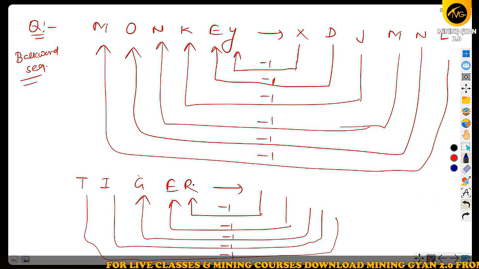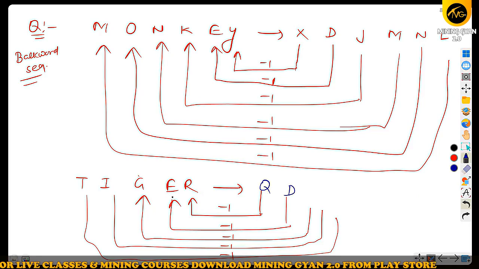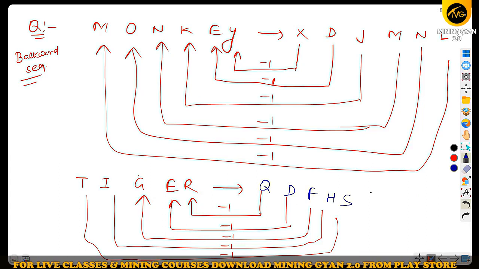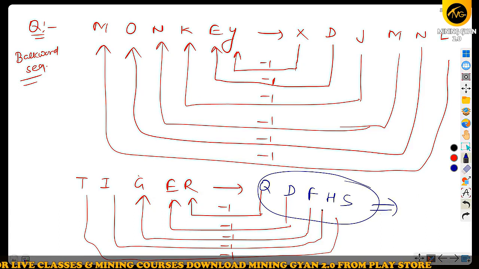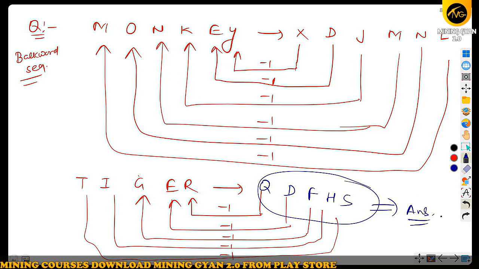Like R minus 1 will be Q. Similarly, the alphabet before E will be D, and D minus 1 will be E. Then E, F, F, G, H, I, and S, T. So the answer will be Q, D, F, H, S, which is the decoded language for the word TIGER. So this is called the backward sequence.